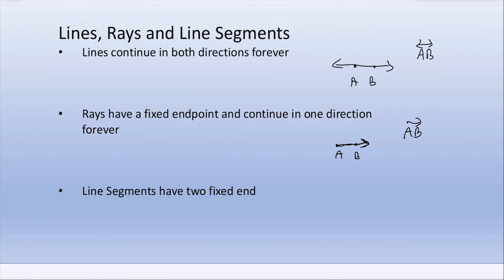A line segment is a straight portion of the line. So assume that's a straight line there, and it starts at A and ends at B. And you would actually just put a little line segment above it. You can put the two dots on the end if you want to, but you don't have to. Okay?